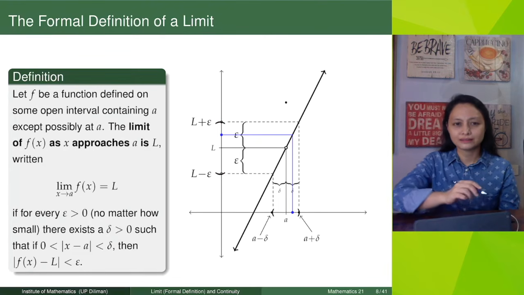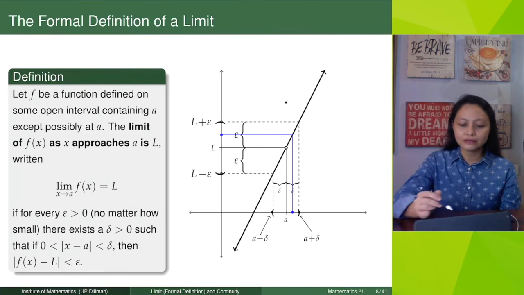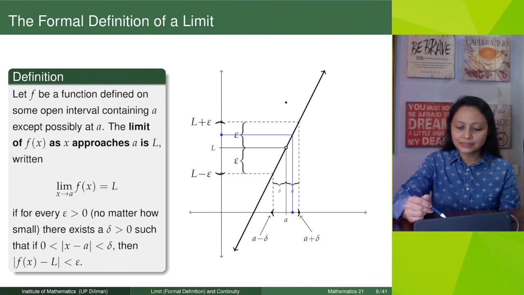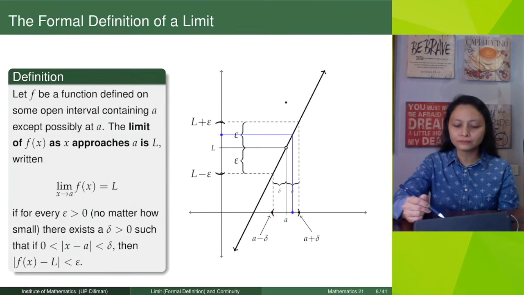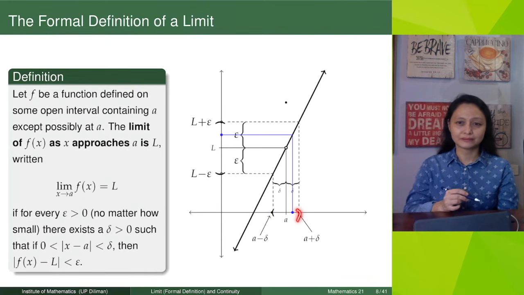Now, the definition says that if you set this epsilon, no matter how small, we can find a delta. Now, delta is the distance from a. This is delta units and this is delta units. Therefore, we can consider the interval from a minus delta to a plus delta.